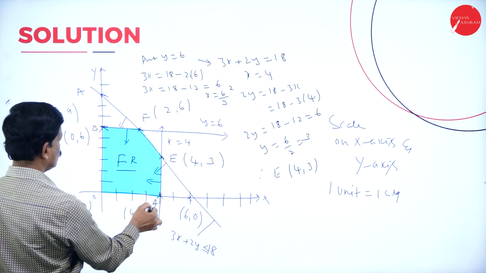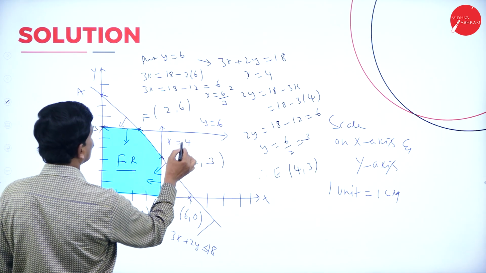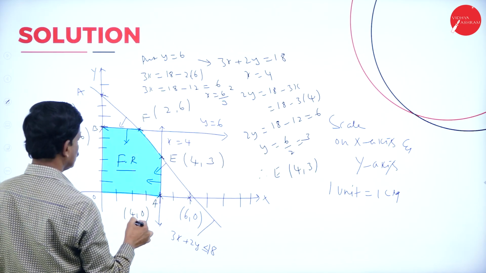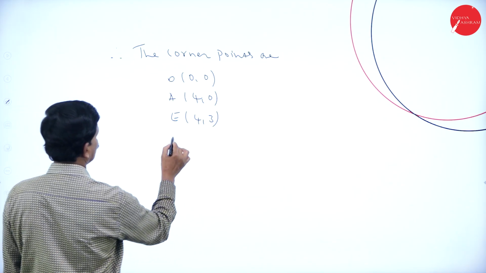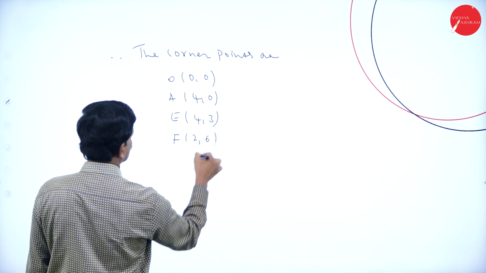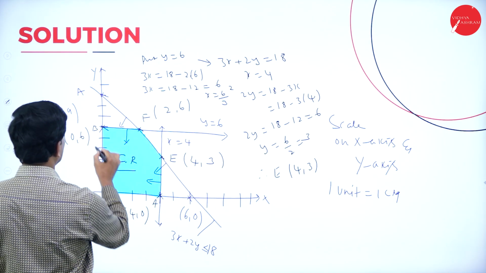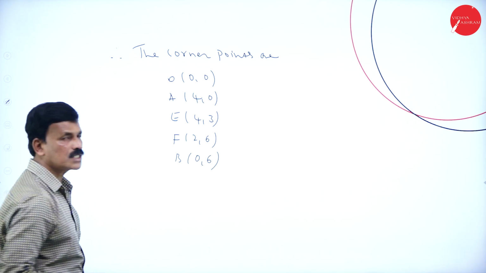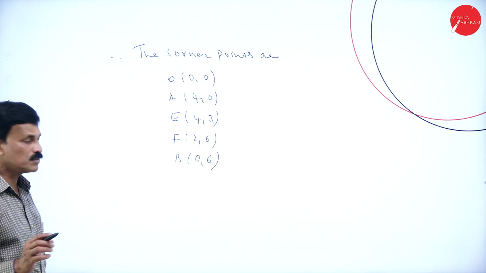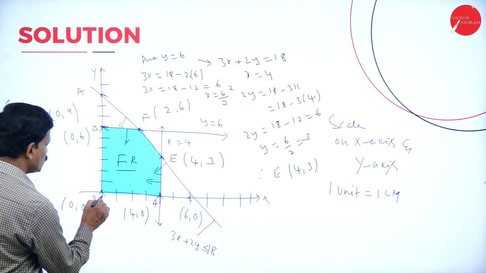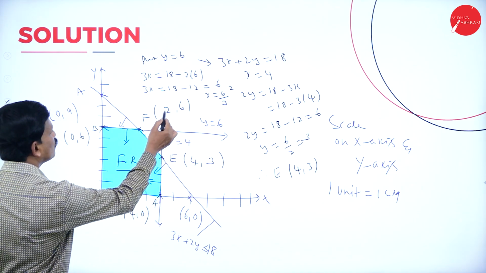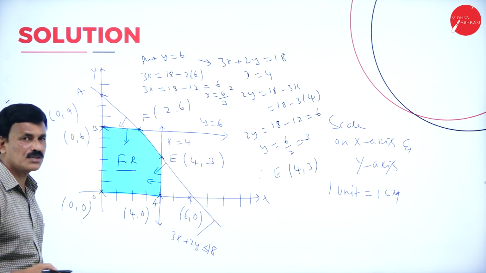Then E 4, 3. Then F 2, 6 and the last point B 0, 6. These are the corner points. Listen to me: O 0, 0, A 4, 0, E 4, 3, F 2, 6 and B 0, 6.